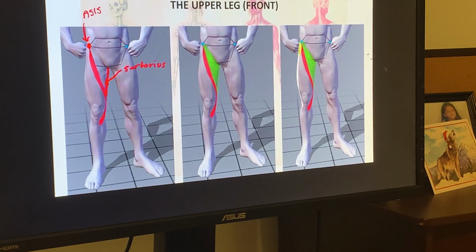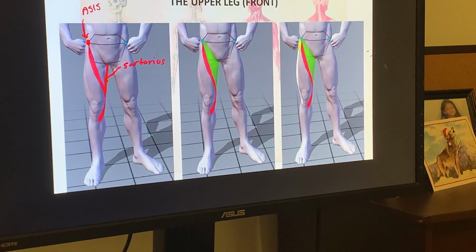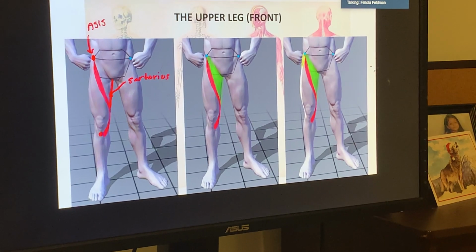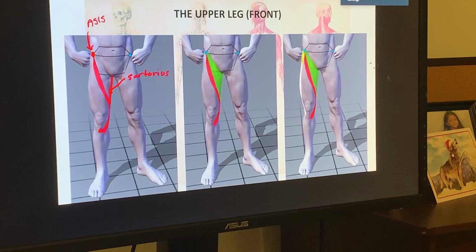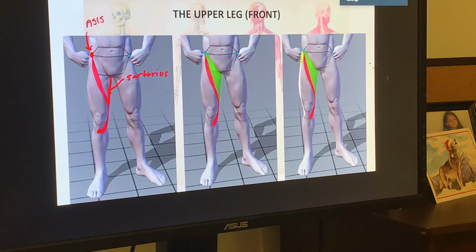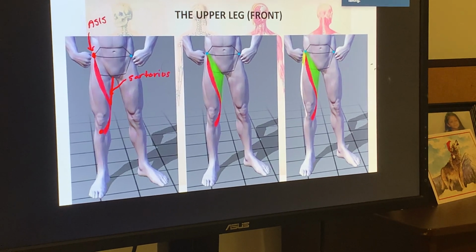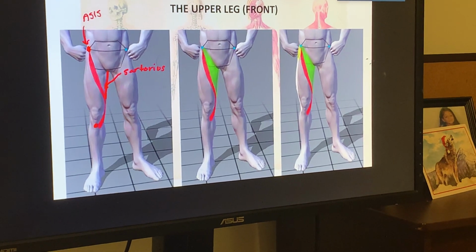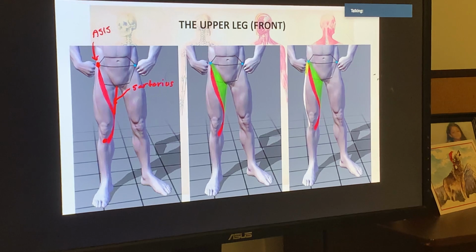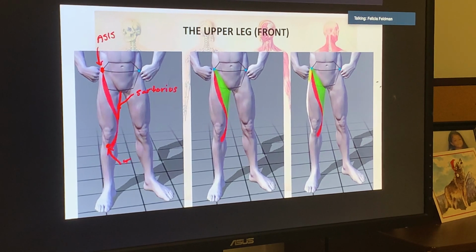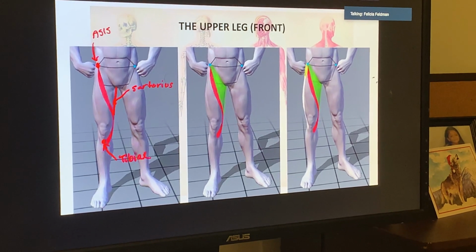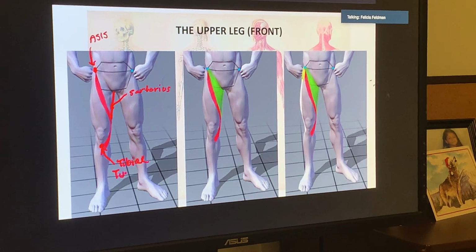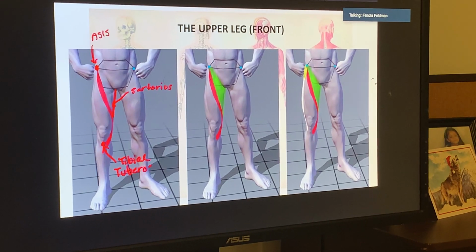Okay, our inner thigh stuff, right? It's going to attach at this little bump here. Does anyone remember what that's called? Starts with a T. Tibial tuberosity.